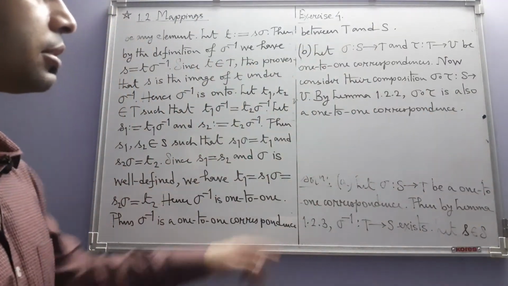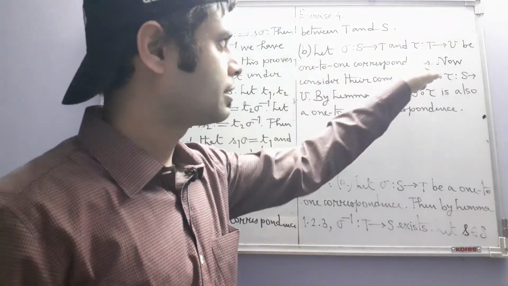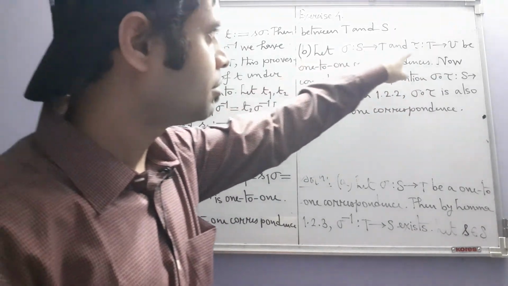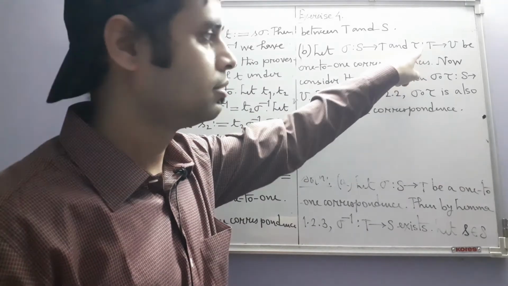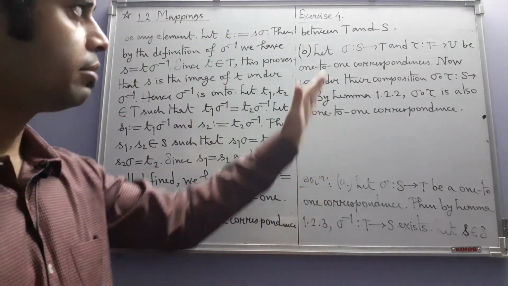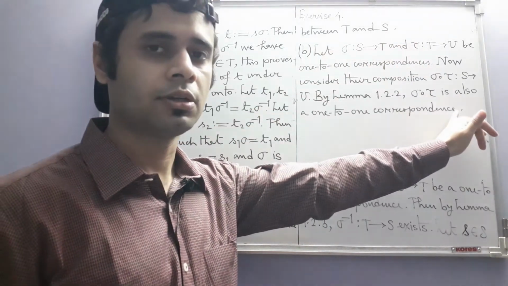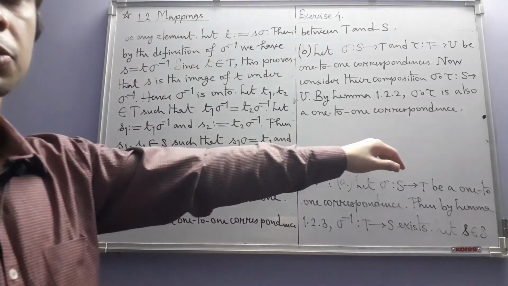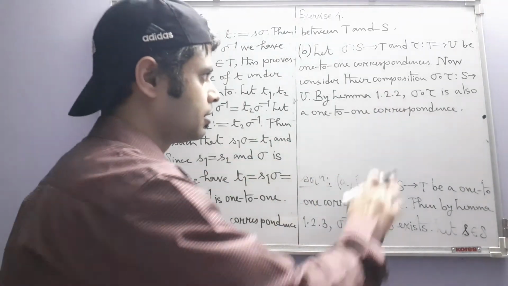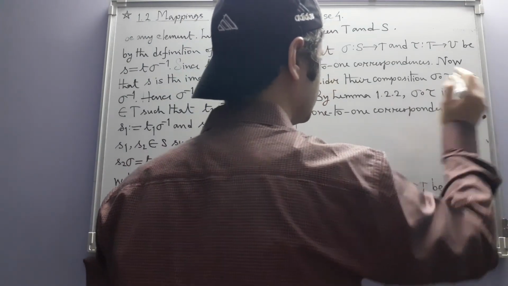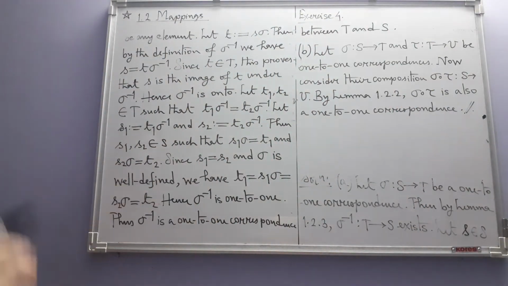Why? Because the fact that these two are one-to-one correspondences tells us that both sigma and tau are one-to-one. So their composition is also one-to-one. Just like that, both are onto, so their composition is also onto. So that's why this is also a one-to-one correspondence, and that's what we wanted, one such function between S and U. And this completes the solution to this fourth exercise.